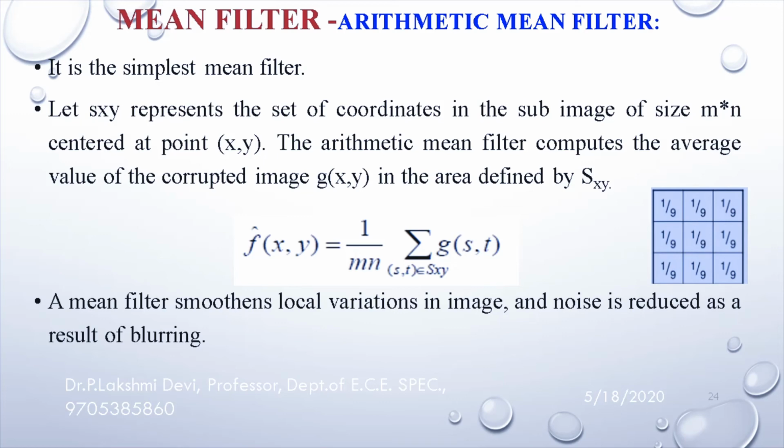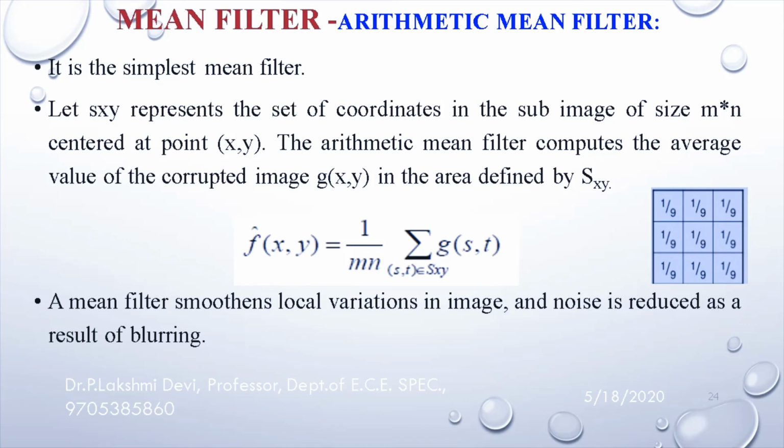So the mean is the sum over all the coordinates, sigma g of st, that is the sum of the values of all the coordinate pixels, divided by the size of the sub-image, m by n. That gives f cap of xy.